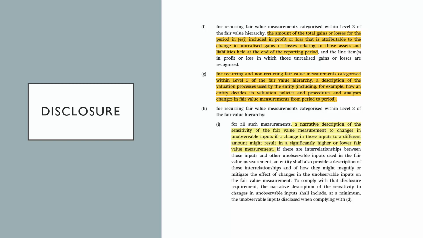And then finally, you have to provide a narrative description of the sensitivity of the fair value measurements to changes in these unobservable inputs. So if you're using a discount rate and that discount rate is susceptible to change, you have to speak about why it is susceptible to change and what that unobservable input is.